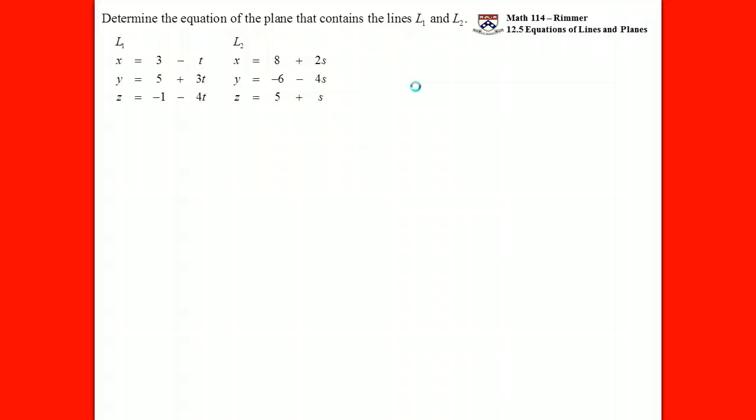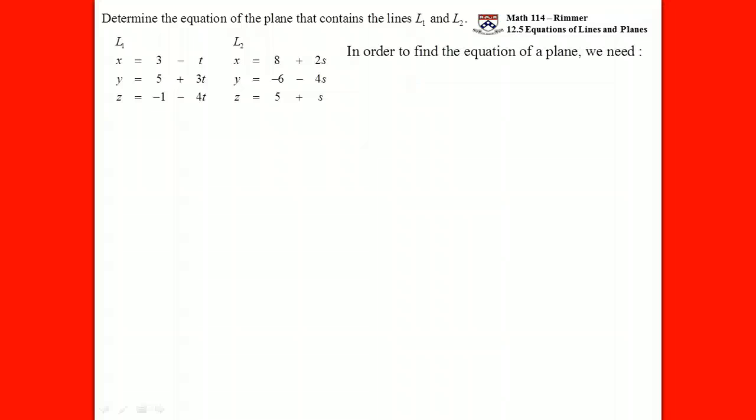Hidden inside these equations is lots of information. Each one of these equations has a point and a direction vector. And for these to end up on the same plane, I immediately have in front of me 2 points and 2 direction vectors in the plane. I have 2 vectors in the plane. I have 2 points on the plane. I have a plethora of information, and I just need to know what to do with it.